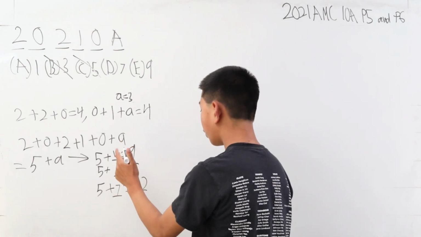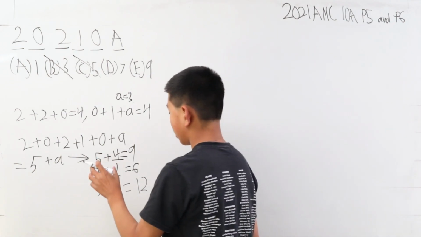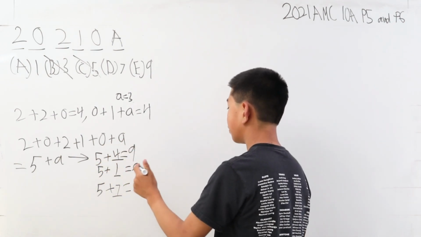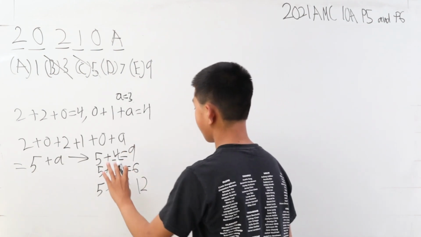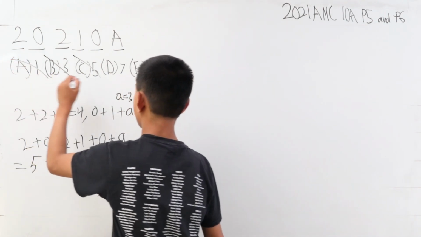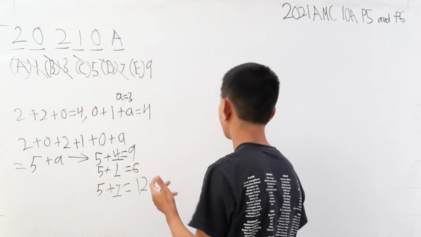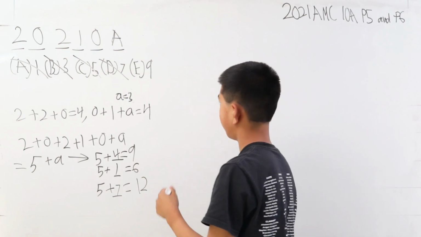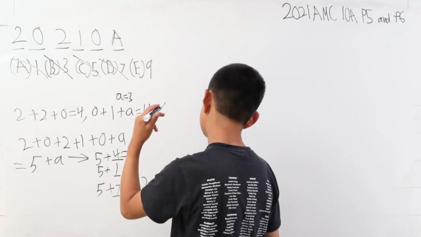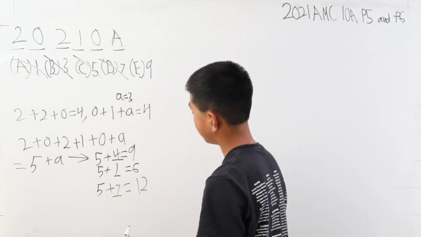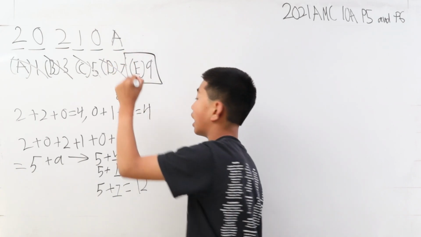So 4, 1, and 7 are all the digits of A that, when added to 5, are divisible by 3. So we can cross out 1 and 7. You notice 4 is not on here because 4 is an even number, and we already talked about the case of the even numbers. If A is even, it is divisible by 2. That leaves us with only one answer choice, which is E, or 9.